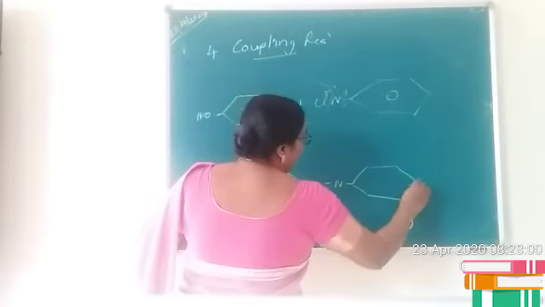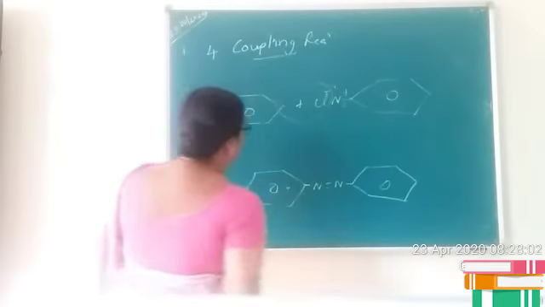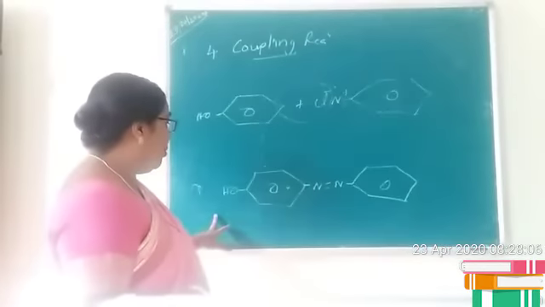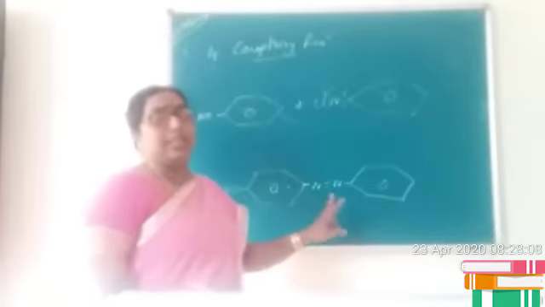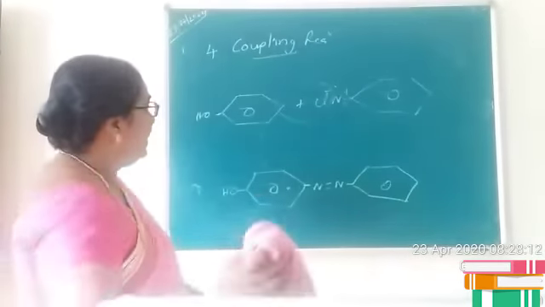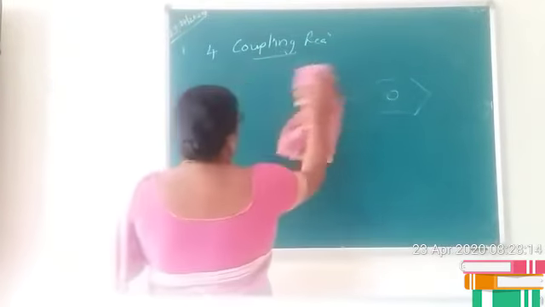This is an organic dye. Is it clear? Phenol reacts with benzene diazonium chloride and produces para-hydroxyazobenzene.